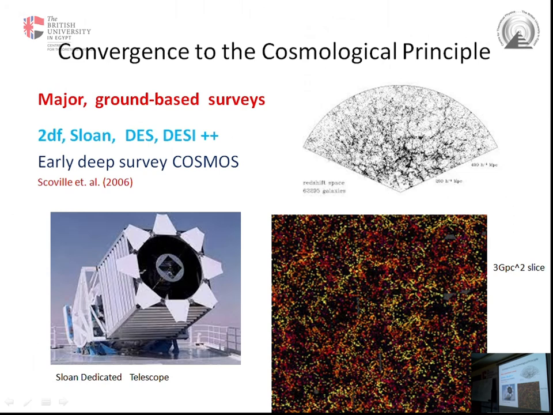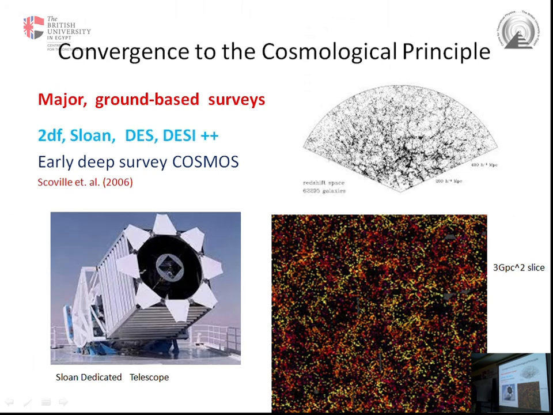Euclid and Grace Roman after that, a few years from now, and things like the Vera Rubin telescope, which I think is already starting, will do both wide and deep. And by the way, Vera Rubin was the first one who discovered the flat rotation curves, and they named the observatory in South Chile after her.